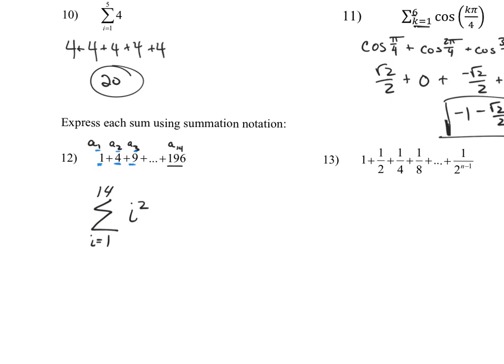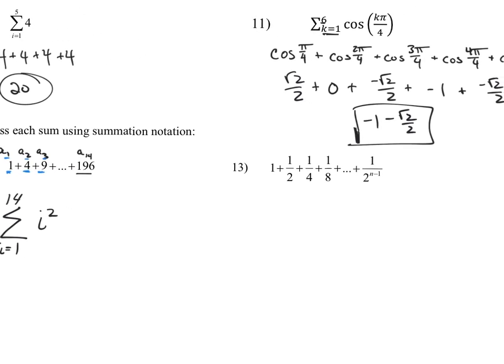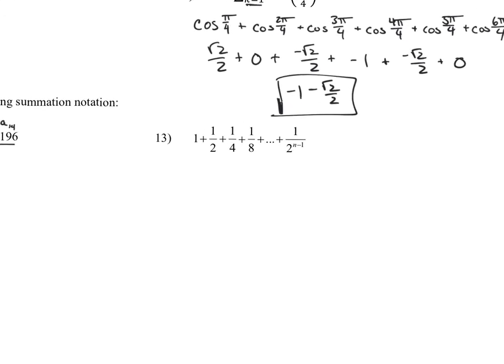In our next example, we have this sequence and the sum of these terms. We'll go ahead and write a1, a2, a3, a4, and when we get down here we see that they've actually given us an expression.